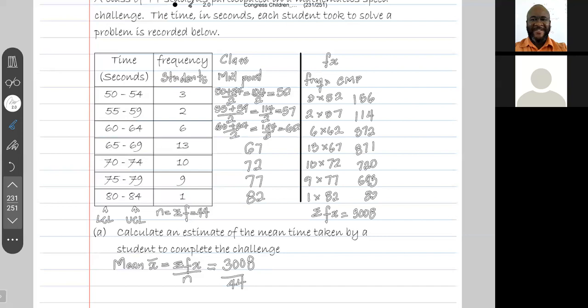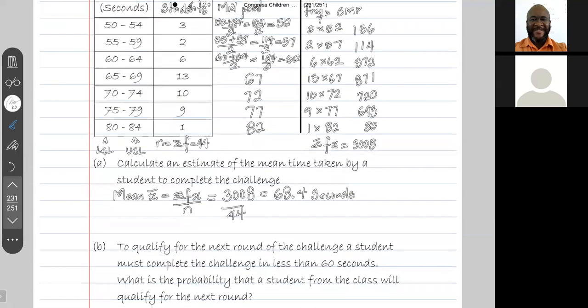This is 68.4 seconds. So the average student in the class took 68.4 seconds to solve the mathematics challenge.